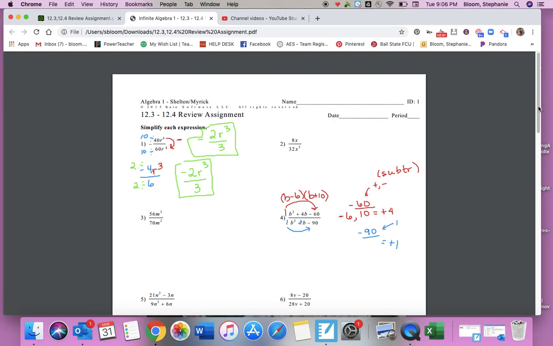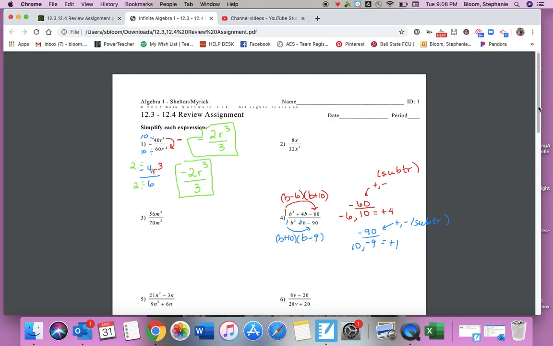Again, I need my factors to be different, and they need to subtract to give me a 1. So that's going to be a 10 and a 9, and my 10 is going to have to be positive because my 1 is positive. Again, I can do shortcut here. B's will go in front, and then that's a plus 10 and a minus 9.